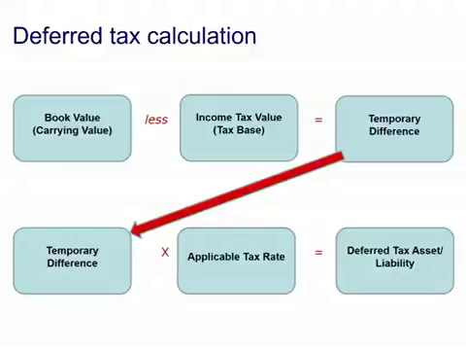The realization of those assets and liabilities, dealing for example now with an asset, as an entity realizes the carrying amount of an asset, there will presumably be tax consequences from that realization, either in the form of sales from selling the asset, or perhaps revenue that's generated from using the asset. Regardless of how that future economic benefit materializes, the tax consequences relating to that asset have to be recognized. And that is what this formula is giving us.